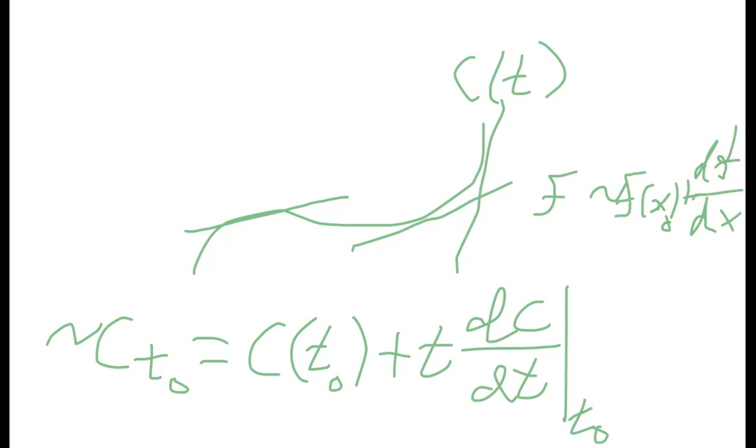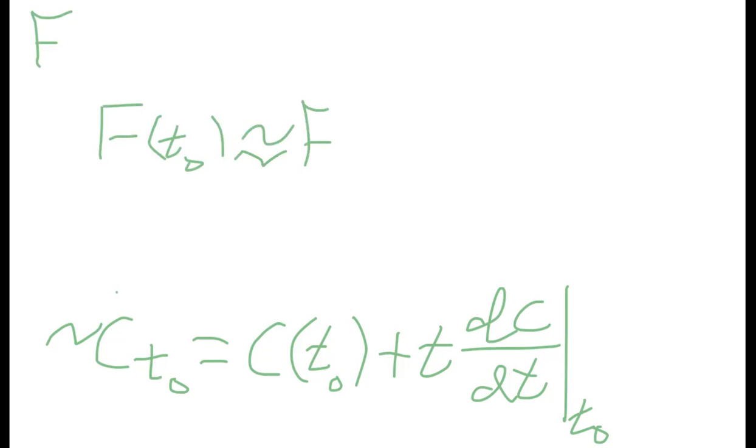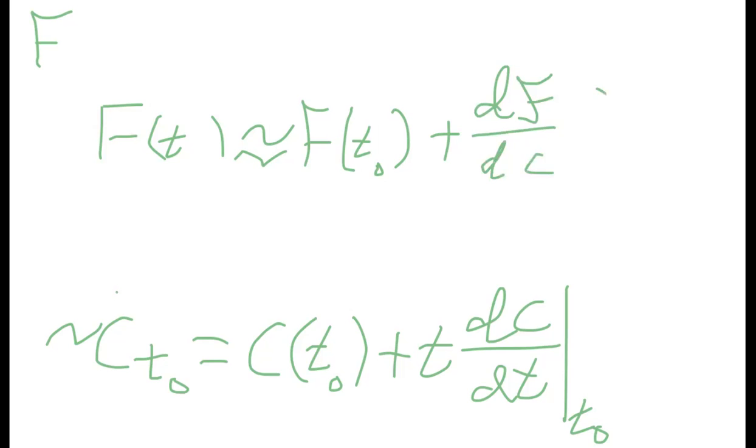So going from here, taking this linearization, we can take our field, and I'm going to use capital F for our field, restricting it to C, and we get that f of t is approximated by f of t naught plus, sorry, let me write this formally, df/dc times dc/dt.